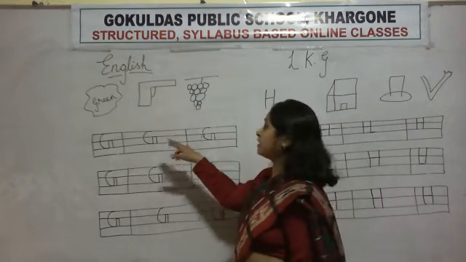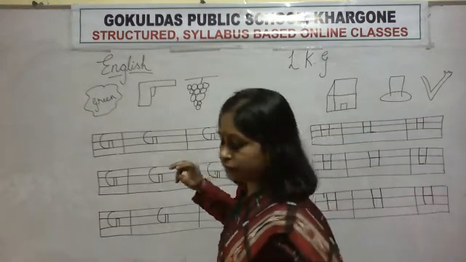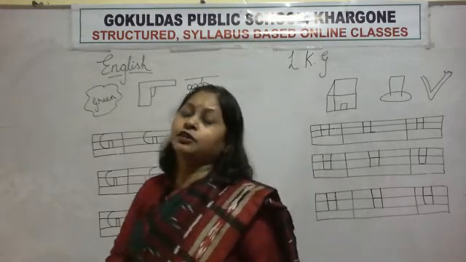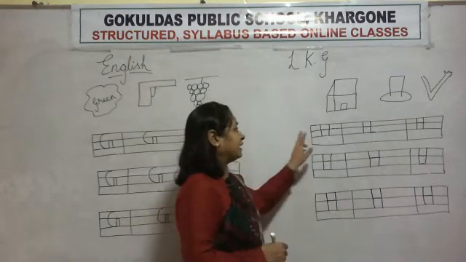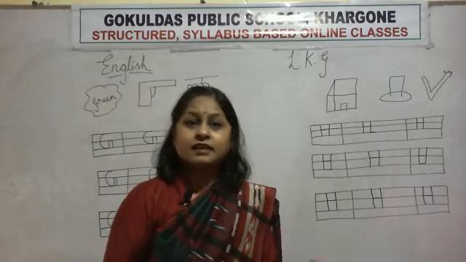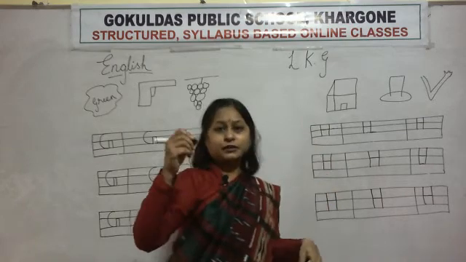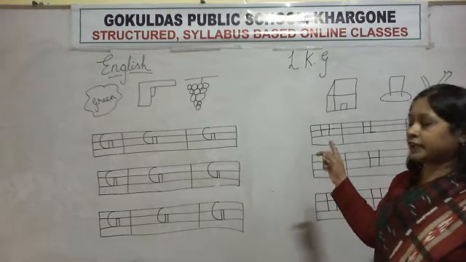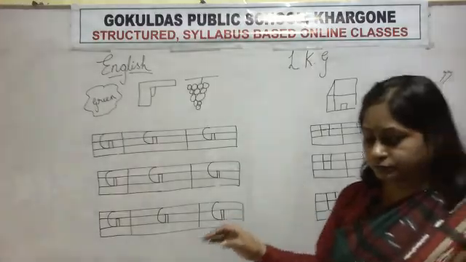You have to write letters G and H in your notebook with the help of your parents. Okay? And you have to draw pictures also. Try to make pictures. Okay? Good. Take a screenshot and write in your notebook.